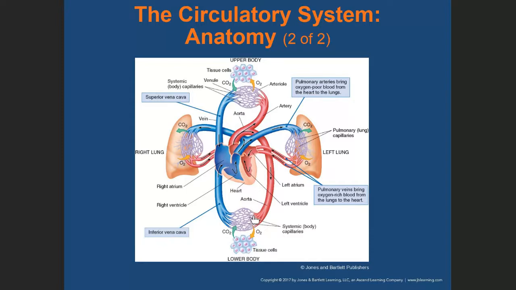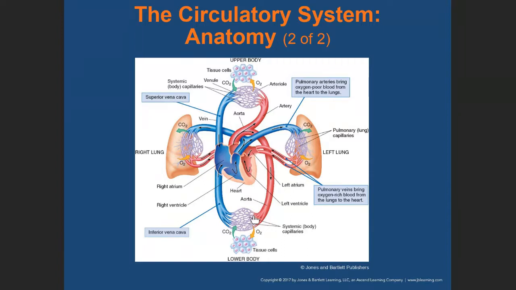So the blood in the systemic capillaries on the deoxygenated side, the systemic capillaries will now form the systemic venules. The systemic venules will further form systemic veins.